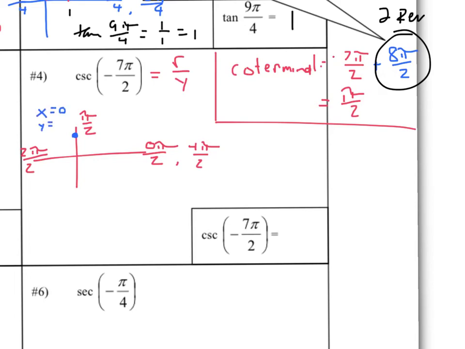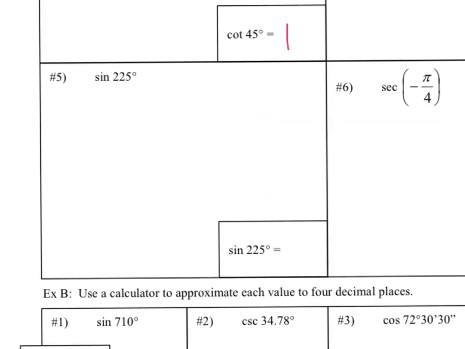Y can be any positive number of your choosing. I'm going to choose to make it 1. R is going to be the same as the y value in that case. So cosecant, which is r over y, is 1 over 1, which reduces to 1. That problem is finished. Number 5, we have sine of 225 degrees.